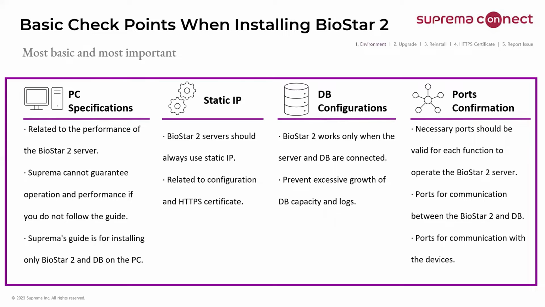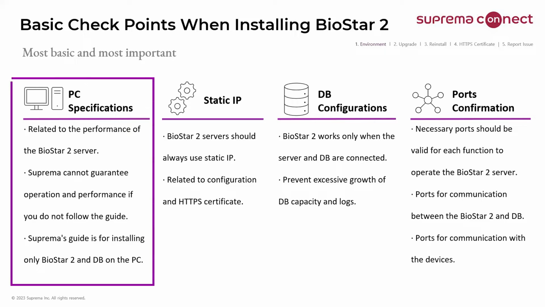These are the most basic and most important items. Number 1, check the PC specifications where BioStar 2 and the database will be installed. The PC specifications are related to the server's performance and the operation of BioStar 2 guaranteed by Suprema.